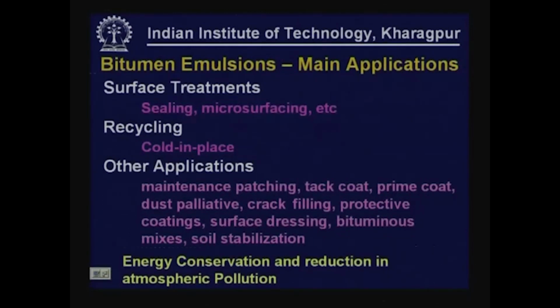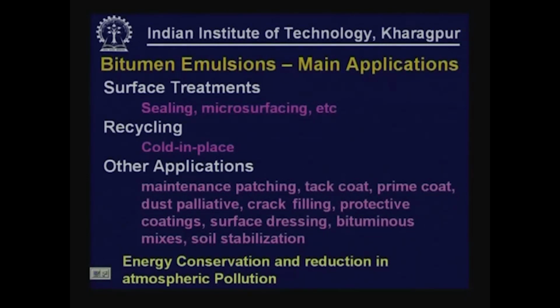Obviously, emulsions can be used as dust palliatives. They can be used to fill the cracks in bituminous layers. They can be used as protective coatings, not of course especially for bituminous materials, but for other purposes. These are used in a construction called surface dressing, also in bituminous mixes and for soil separation and other purposes.